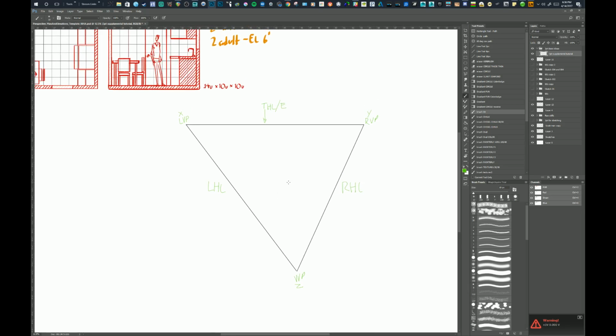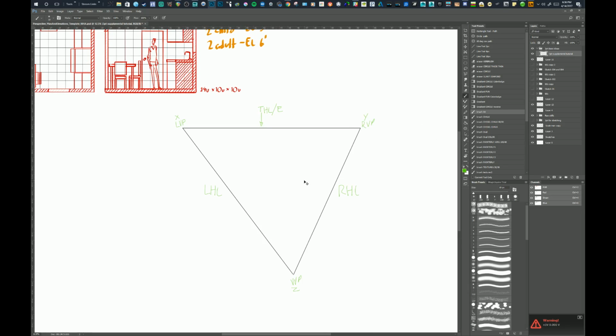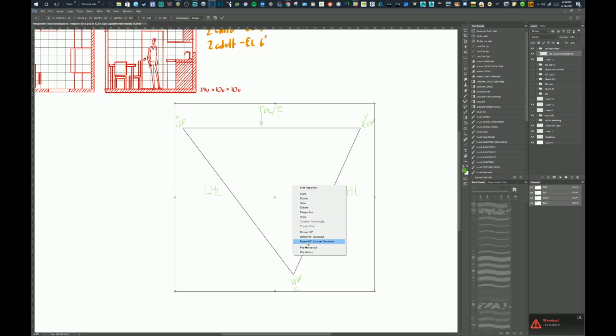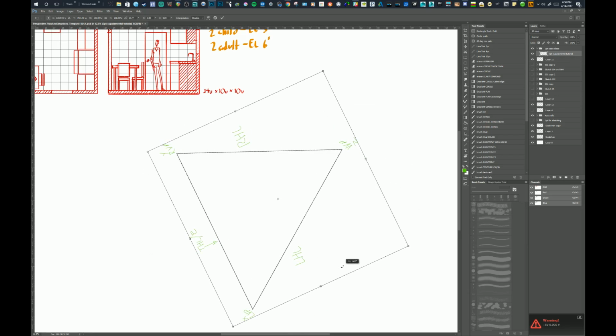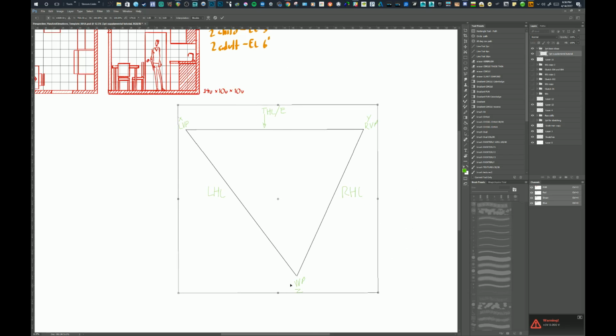So there must be 3 horizons. Also of note is that this triangle can be rotated and it will still work, right? It can be rotated on any of these sides, and the horizon lines will still be horizon lines.